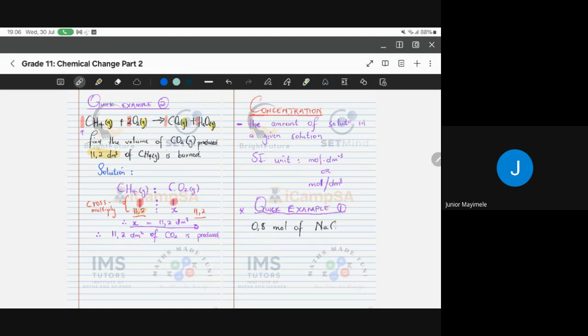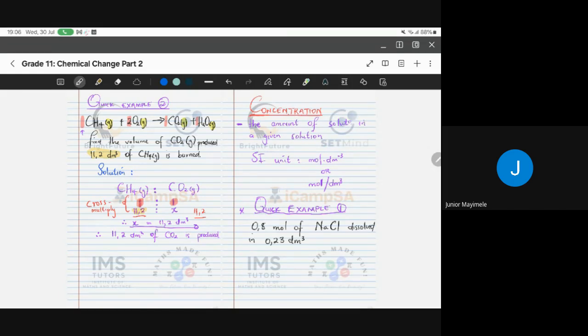This is sodium chloride. It's basically your table salt, dissolved in a volume of water, let's say 0.23 cubic decimeters of water.